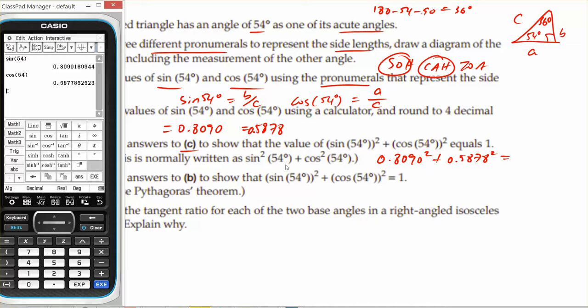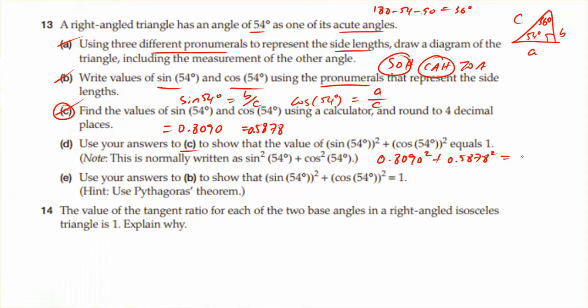So I'm going to go 0.8090 squared plus 0.5877 squared. Okay, we got 0.9998. If we round it to 4 decimal places, that actually comes to 1. So yes, that's true.